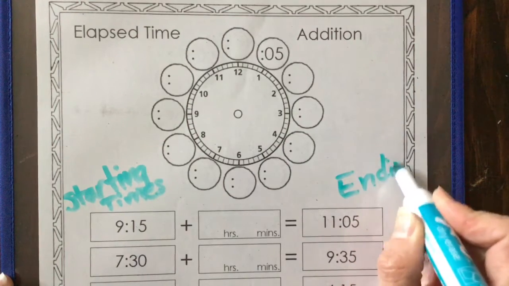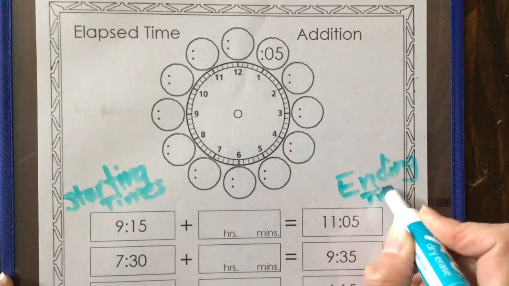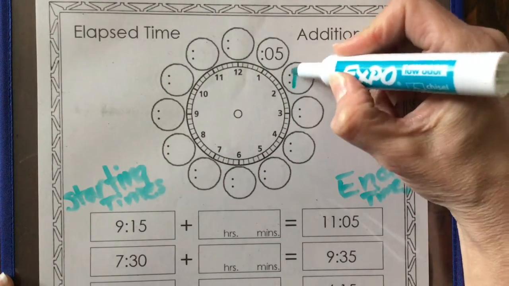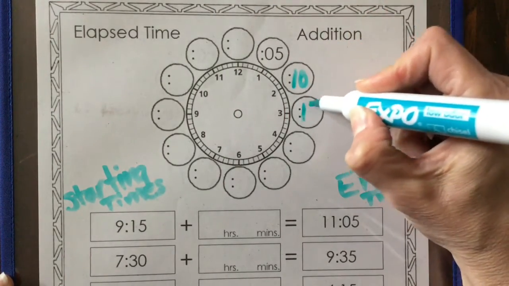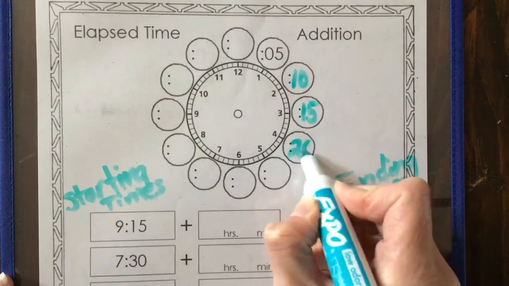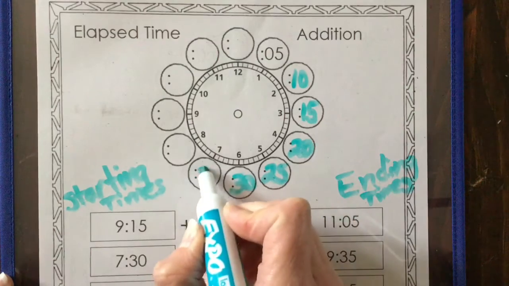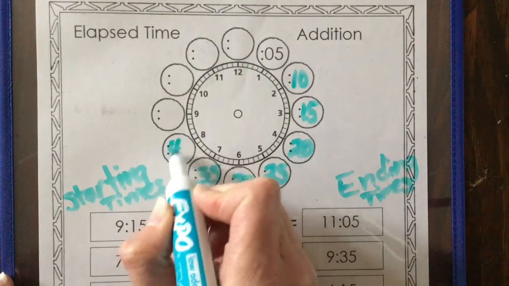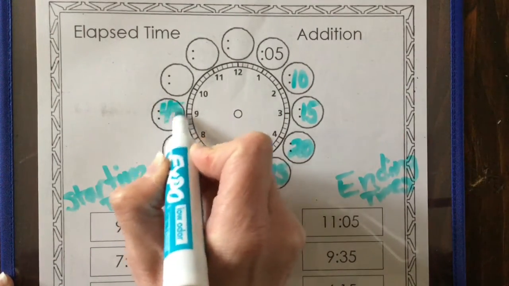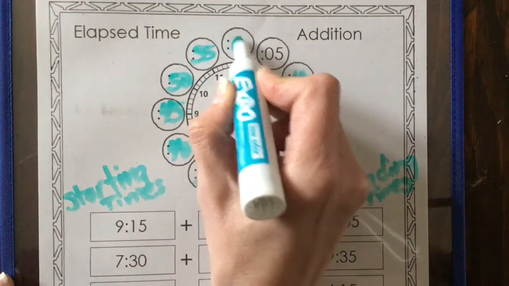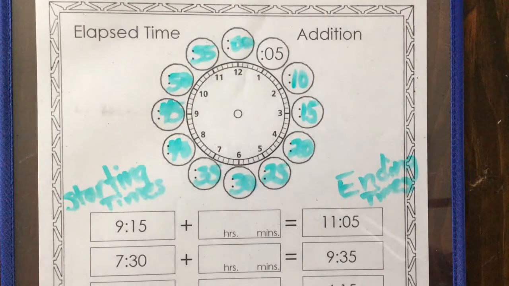So I want to find the elapsed time, which is the time the activity took to complete, or how long the activity is. Go ahead and fill in these circles right here for your minutes. Remember that we're counting by fives. And for the top, it's going to be 0, 0.